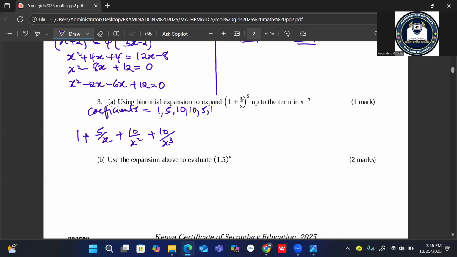So this is going to be the value of x, the expansion up to the term x to the power negative 3.